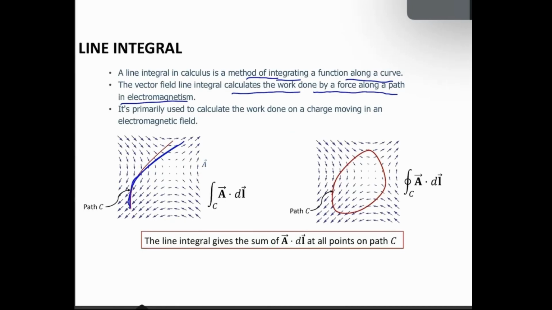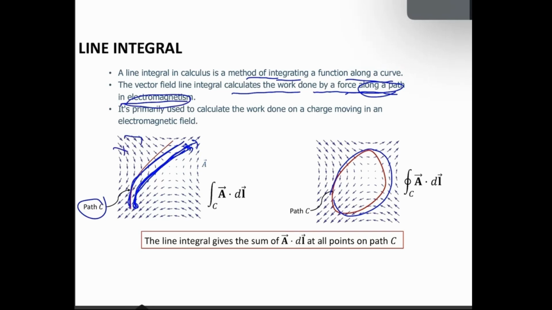Line integral determines the total work along the path, from here to here. So it is the total work done by a force along a path in electromagnetism.